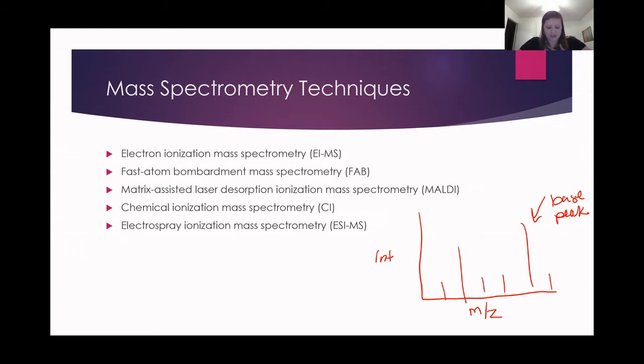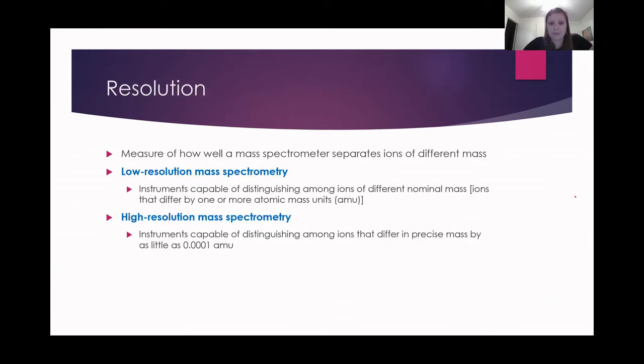There are several types of mass spec, and they all do the same thing with some variation. These include electron ionization mass spectrometry, matrix-assisted laser desorption ionization mass spectrometry, and several others. Resolution is how precisely you can measure the mass.